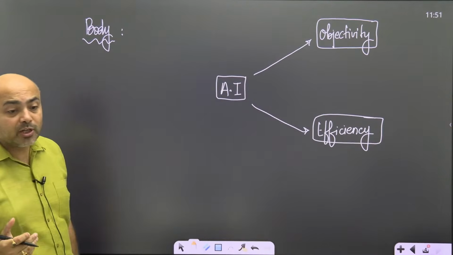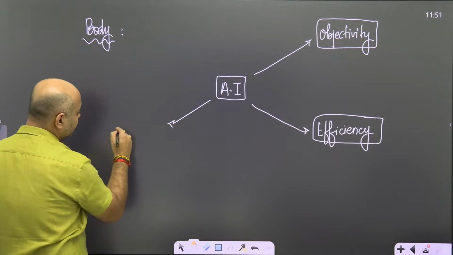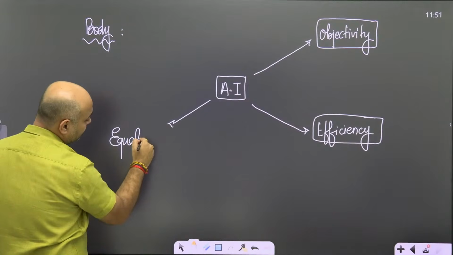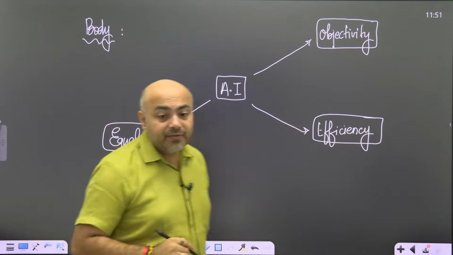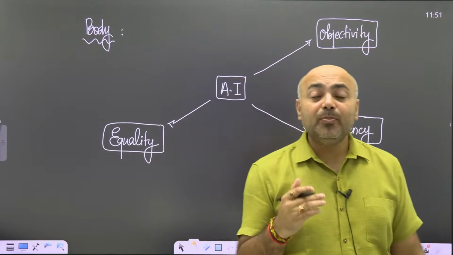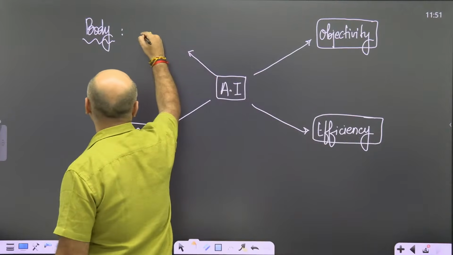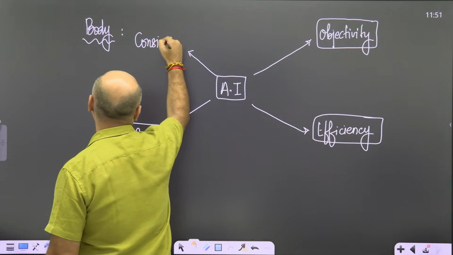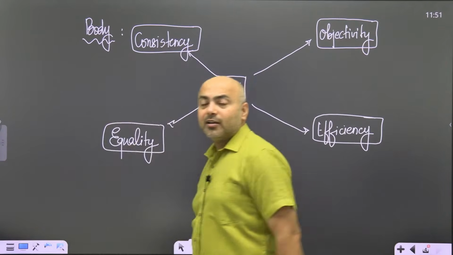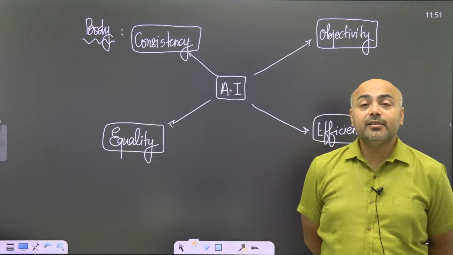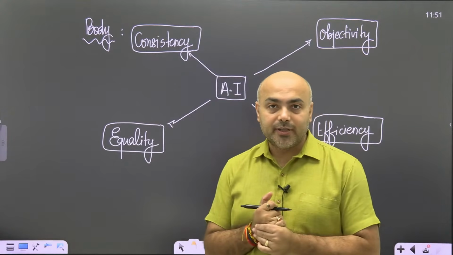Also the concept of equality, or artificial intelligence can help us uphold the value of consistency. Okay, so these are some things which is the reason why artificial intelligence is basically preferred, right?